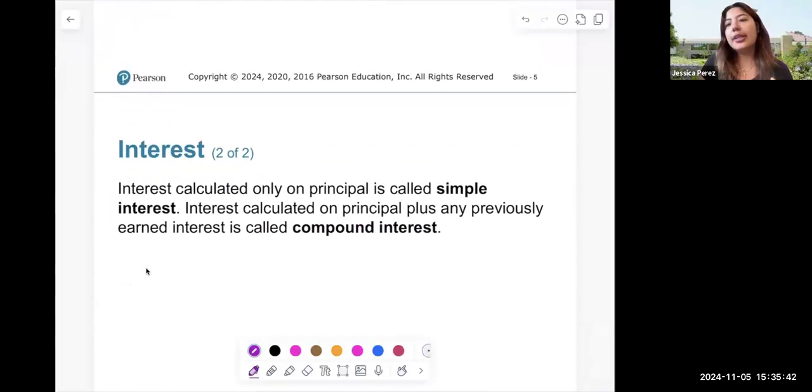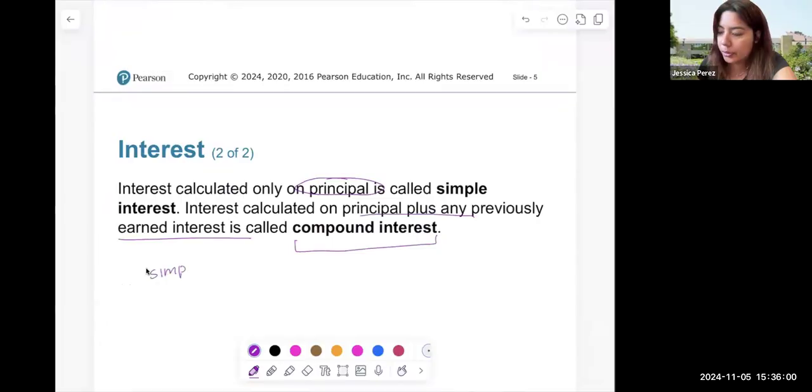Now, interest calculated only on the principal is called simple interest. But if your interest is calculated on the principal and any previous interest, that's called compound interest. So there are two types of interest.